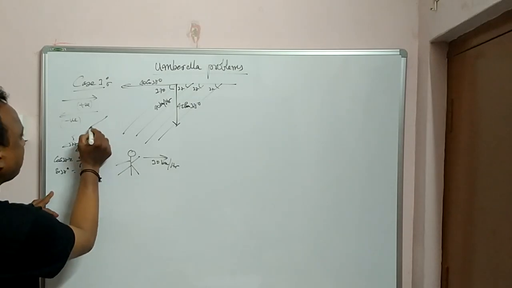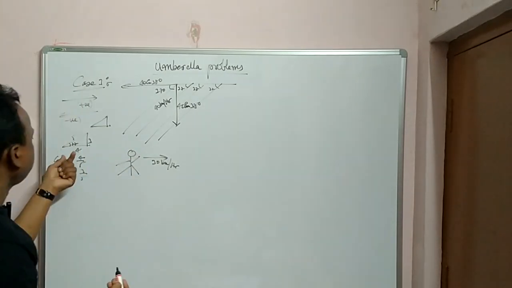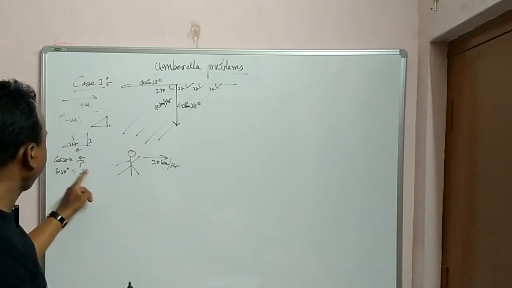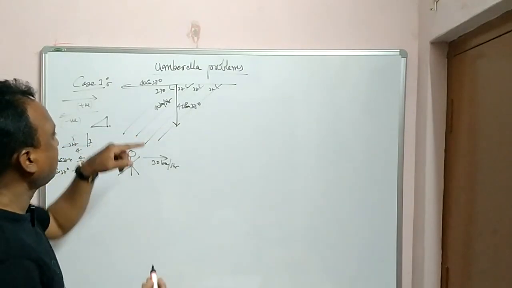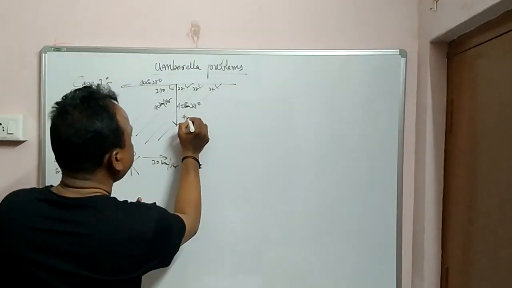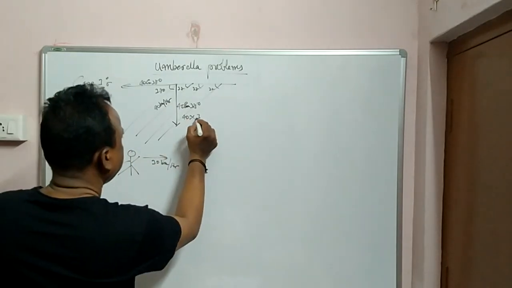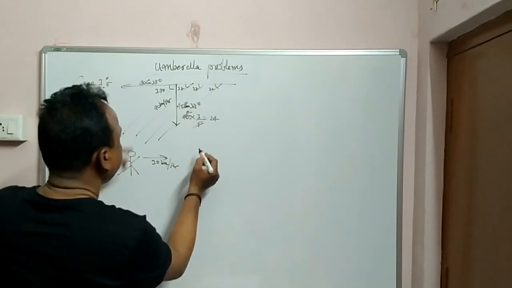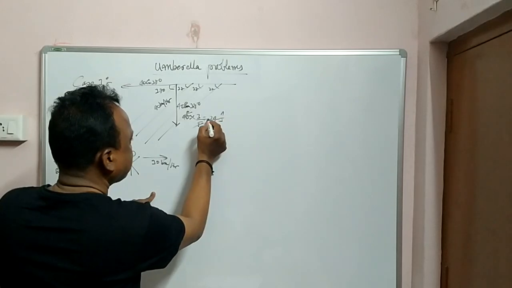In the same way you know 53 also, but here 53 is not needed. So for 37, cos 37 is 4 by 5 and sin 37 is 3 by 5. Clear? Now the components: 40 into sin 37, which is 3 by 5, so 8 threes are 24, and this is coming in the downward direction, so minus 24.